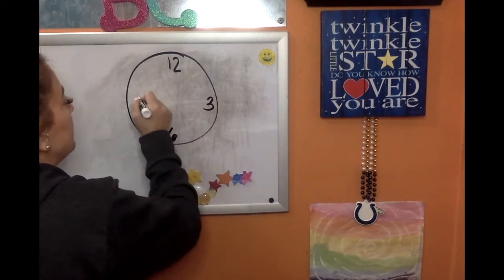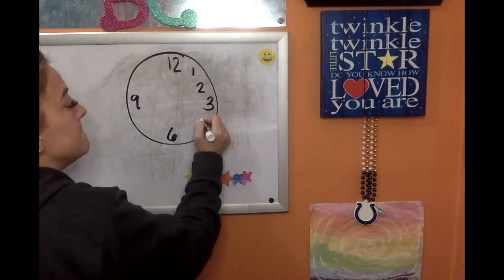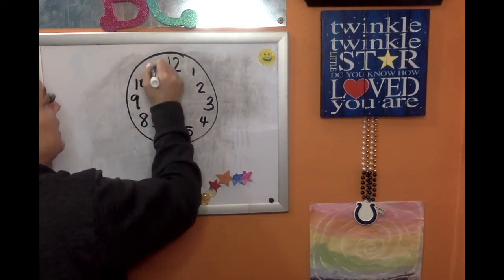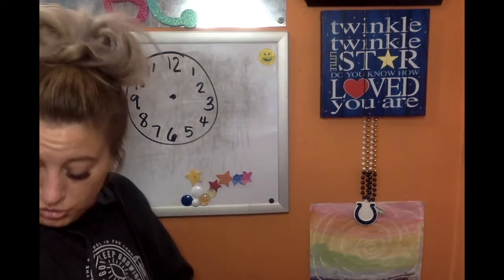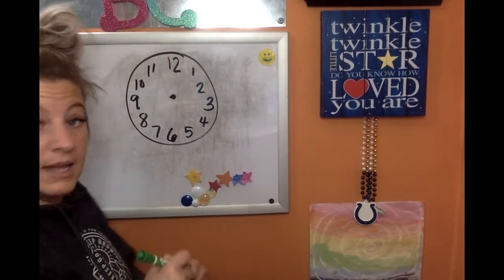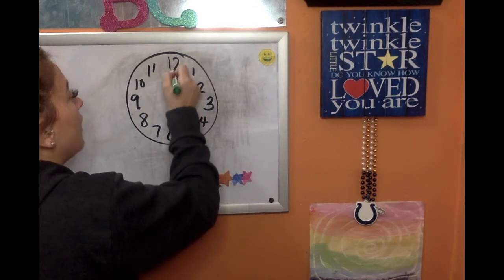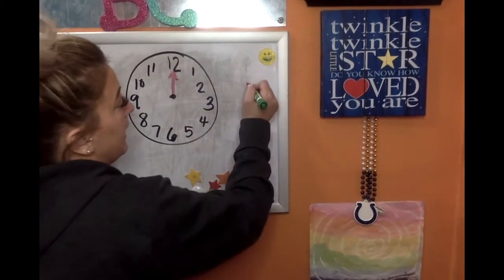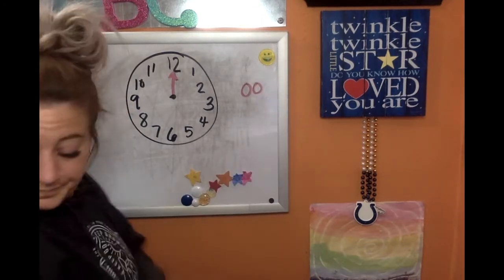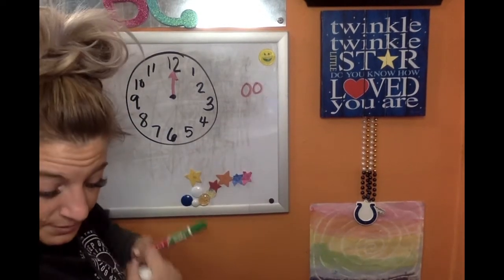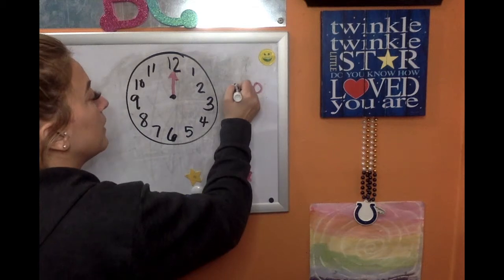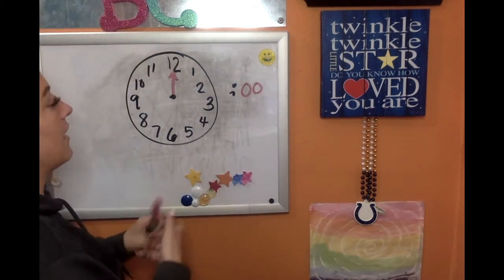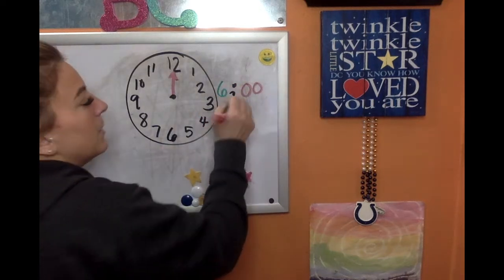Now we've got to figure out where to put the hour hand to make it tell us what time it is. The first one, number 5, we want it to say 6 o'clock.